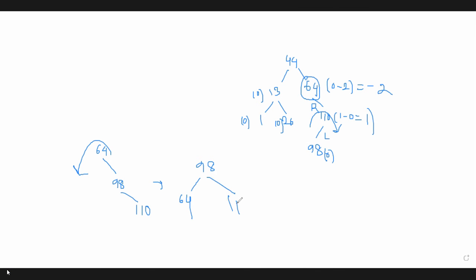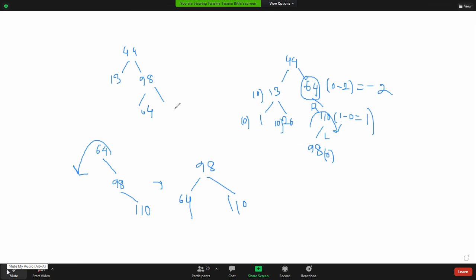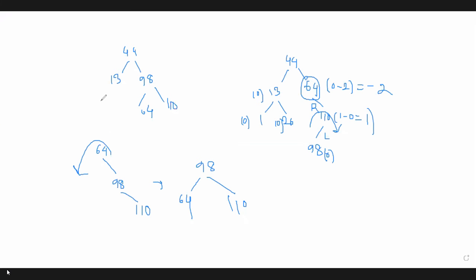Okay, so now we can add this portion here. After this, the root will be 44, 13, and here we have changed this one, isn't it? So now the root node is 98, and it has two children, 64 and another is 110. And for 13, there are two children, one is 1, another is 26.